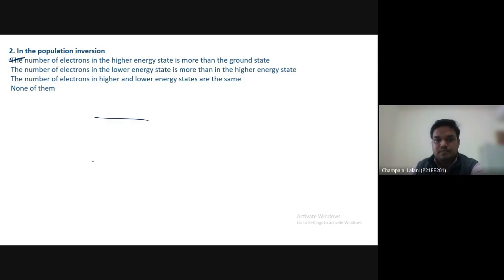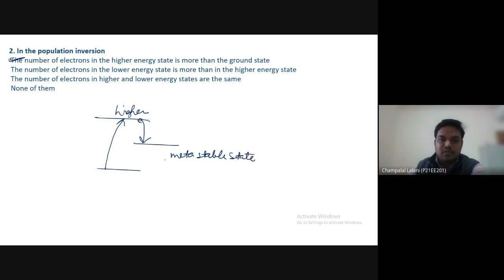Obviously, for laser, you need some population inversion, and there may be a 3-state system or 4-state system. So when an electron goes from lower state to higher state, then it comes back to this metastable state. The number of electrons in these levels is very high.